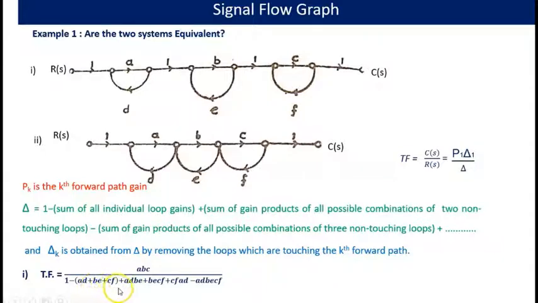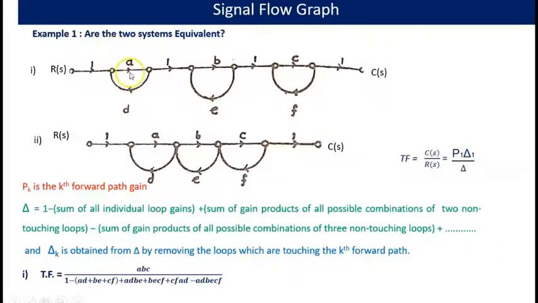Plus sum of gain products of all possible combinations of two non-touching loops. Here these two loops are non-touching, these two loops again are non-touching, and CF and AD are non-touching. If you take this pair, AD into BE, that is the gain product: AD is the loop gain, BE is the loop gain of this loop.